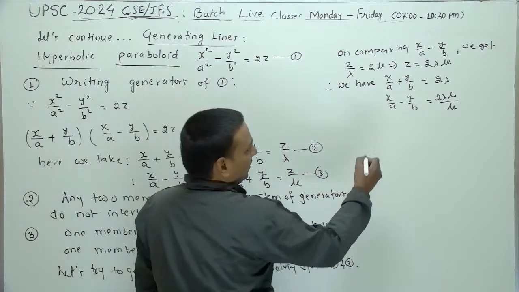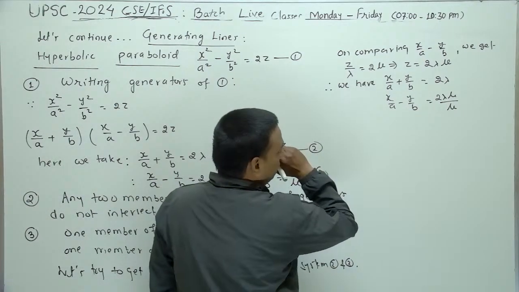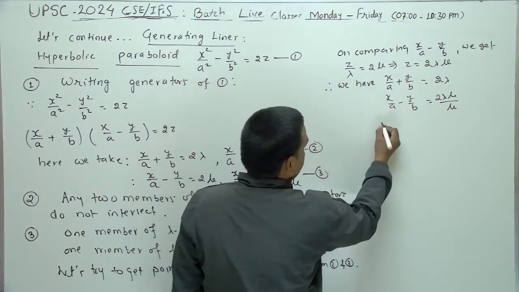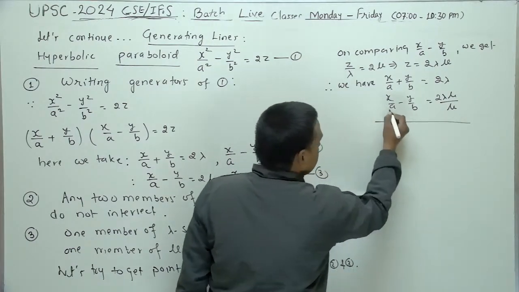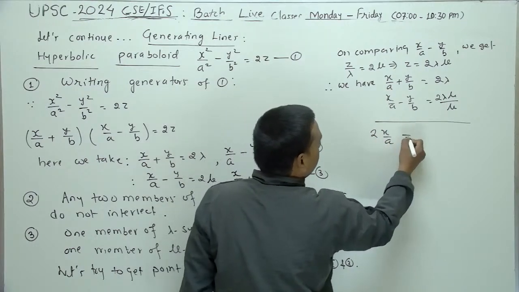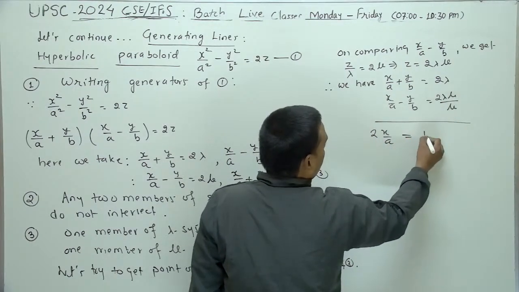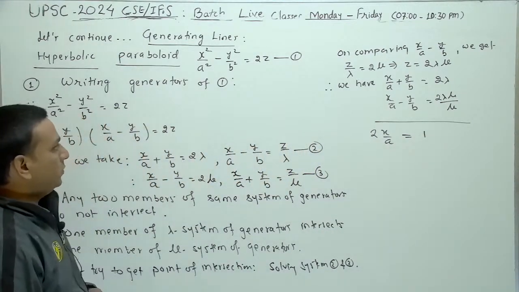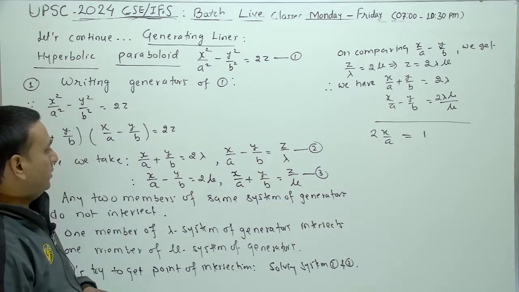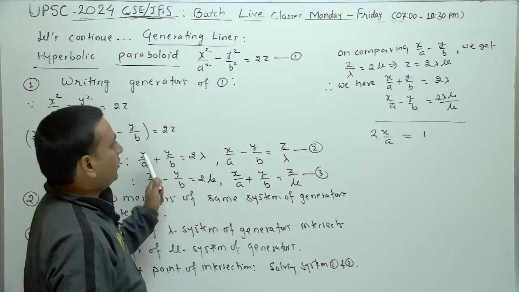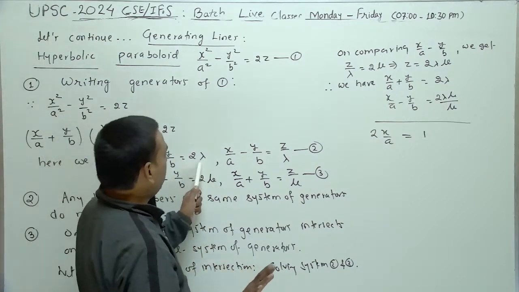If you add those, the y value you are getting here is 0. So 2x upon a equals mu, wait a minute, z upon... wait a second, that is 2 lambda.